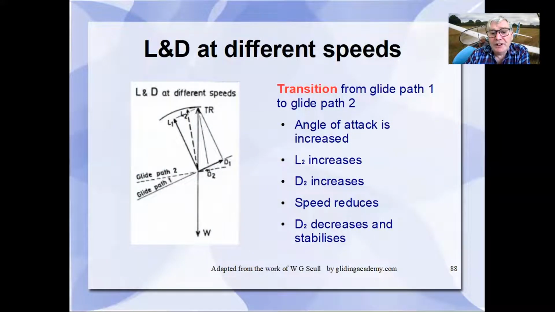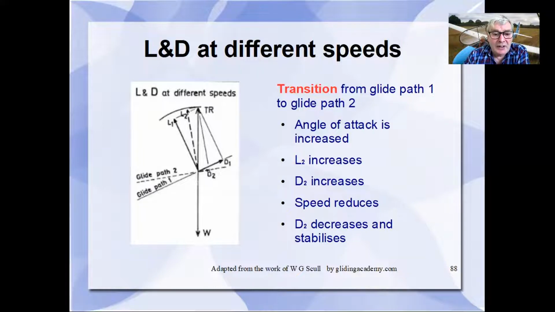Now, if we want to transition from one of those states to the other, so let's say that we want to go from the steeper slope to the shallower one, then we will come back on the stick. In this case, we're going to transition from glide path 1 to glide path 2. The first thing that happens is we increase the angle of attack.